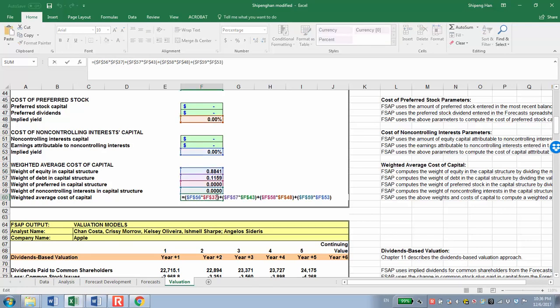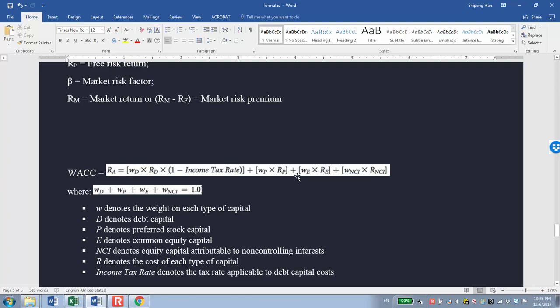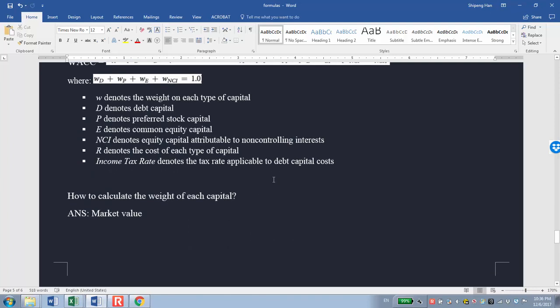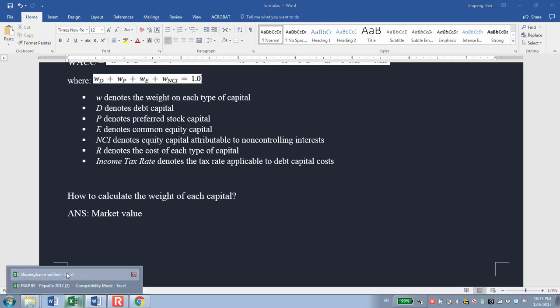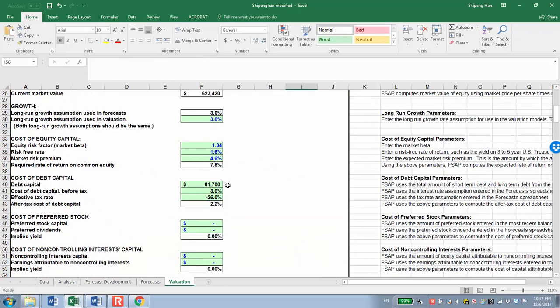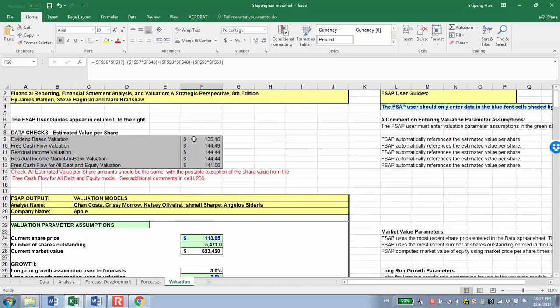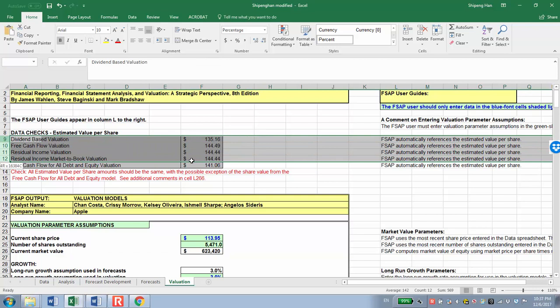So this is a formula, just apply the formula here. Now we calculate the WACC. So when we have all the discount rates, this one and this one, Excel gives us the results of the valuation.